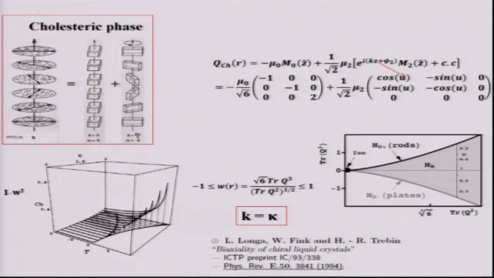And indeed, the cholesteric phase is a biaxial phase. You see, here is this parameter w. 1 minus w should be 0 for uniaxial states. So close to the transition, depending upon the value of kappa, we have more or less biaxial structure. So these biaxial modes should be seen, for instance, in light scattering experiments. And they do.